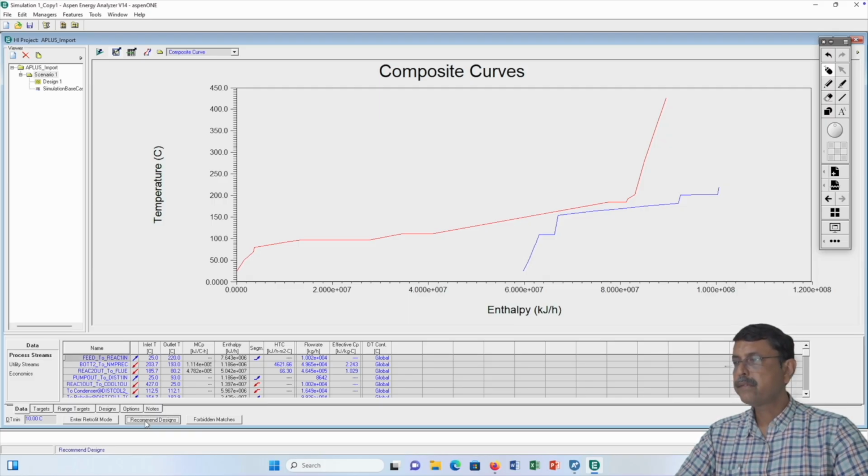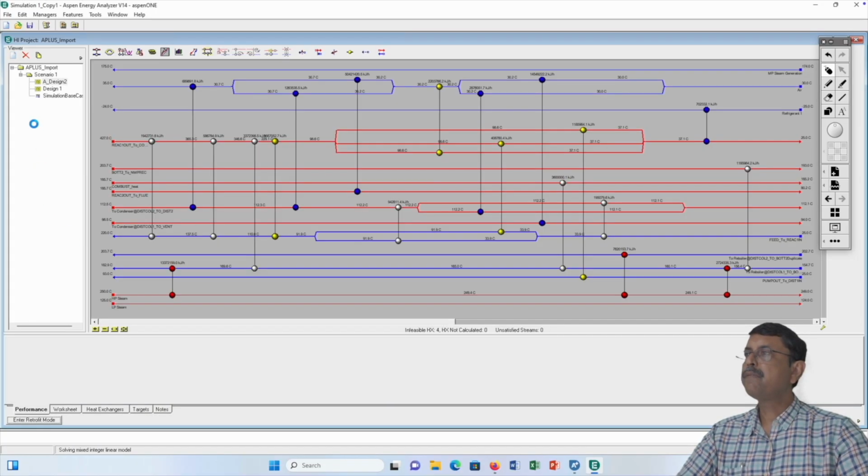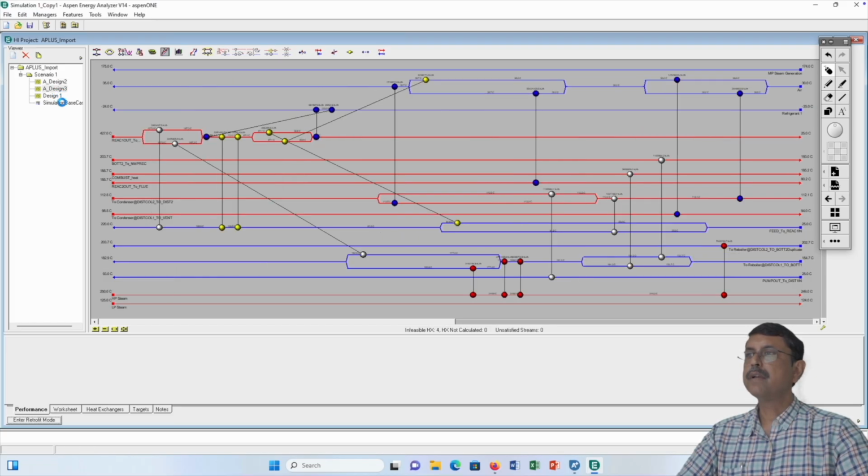Just press recommend design and these are the preview input. Solver option 10, maximum 10 designs will be given. So just press solve and find design. And you will find one by one the designs are given over here.